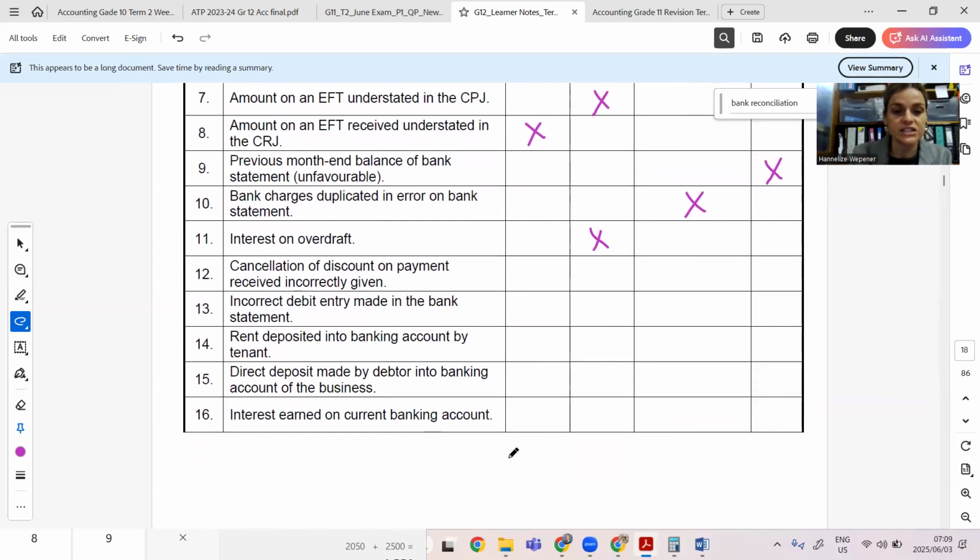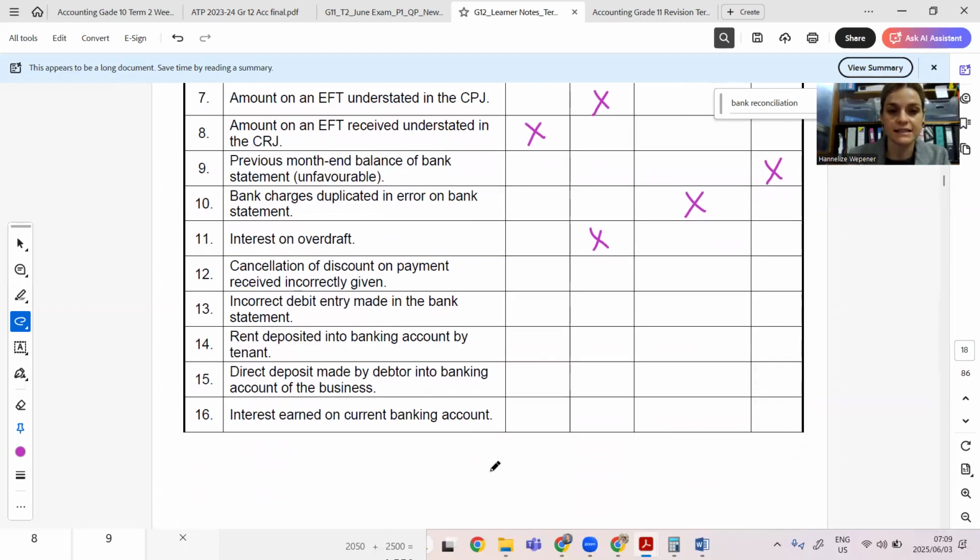Okay, cancellation of discount on a payment received incorrectly given. So cancellation of discount. Discount is not a payment that you are making or that you are receiving. It's discount received on a payment that you made.